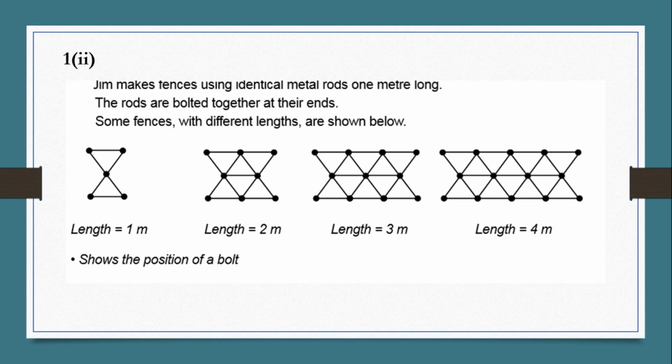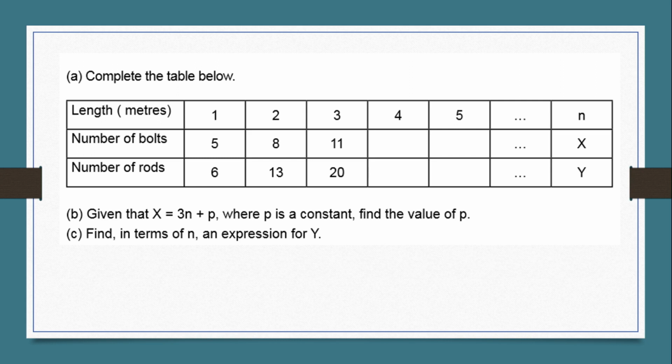Second part, you have some patterns and you need to complete the table. Part B, given that x equals 3n plus p, where p is a constant, you need to find the value of p. Part C, find in terms of n an expression for y.